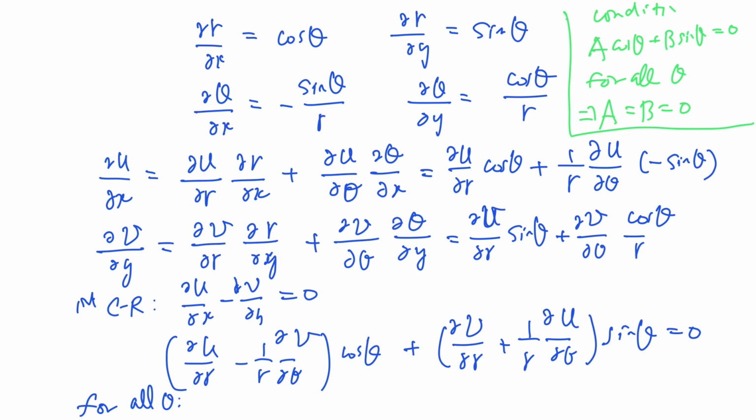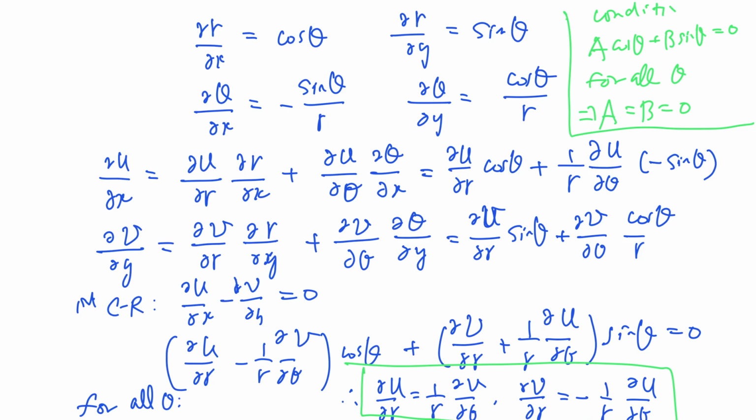So the Cauchy-Riemann condition for polar coordinates is the following. Partial u over partial r is 1 over r partial v over partial theta. Partial v over partial r is minus 1 over r partial u over partial theta. Actually, we obtain the same condition for the second Cauchy-Riemann condition.